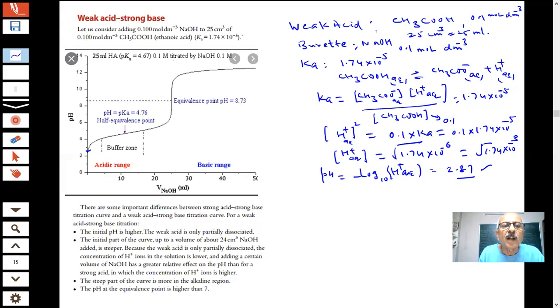And what is happening as you are adding base? Let us see the reaction. CH3COOH plus NaOH, aqueous.